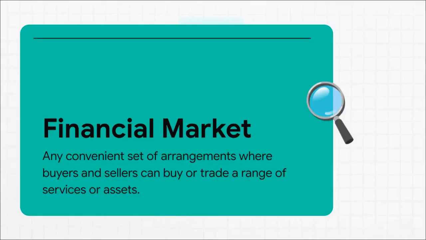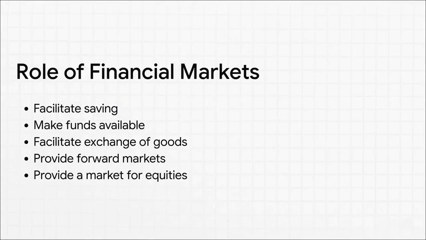And that's exactly where financial markets come in. The best way to think about them is like the economy's circulatory system. They're the banks, the stock markets, the bond markets, all the things that pump money from the people who have it to the people who can use it to create something new. So what's their main job? Well, it's all about channeling that money efficiently.